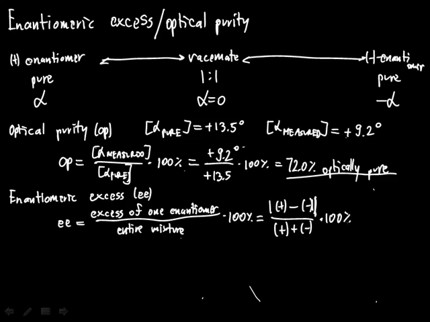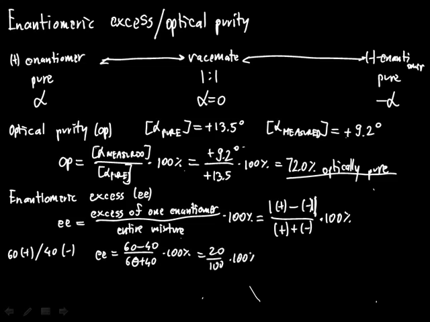And in case we have, say, a 60-40 mixture, so 60% of plus enantiomer over 40% of minus enantiomer, our EE will be 60 minus 40 over 60 plus 40, times 100%, so this will be 20 over 100 times 100%, which means that we will have overall 20% enantiomeric excess of our plus enantiomer.